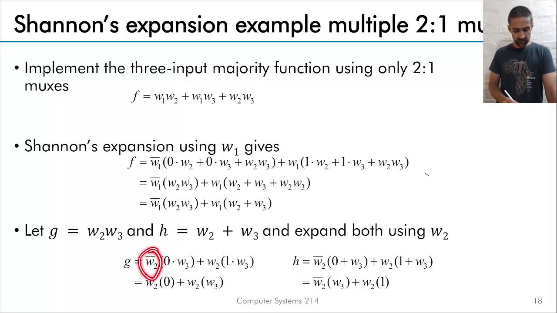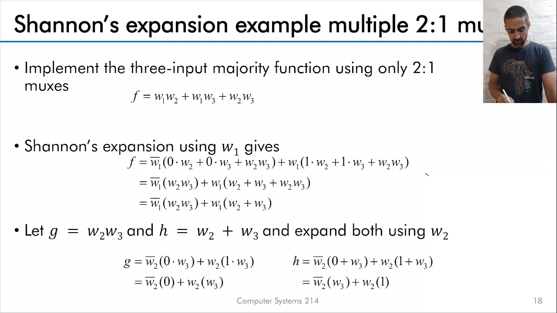The inverse of W2 means that this here turns into a 0. That there goes down, but you can see this whole thing will turn into 0. And then if we replace W2 with a 1, then it becomes a 1 here. So what is left is W3. So this is a multiplexer in itself that uses W2 to select between 0 and W3.